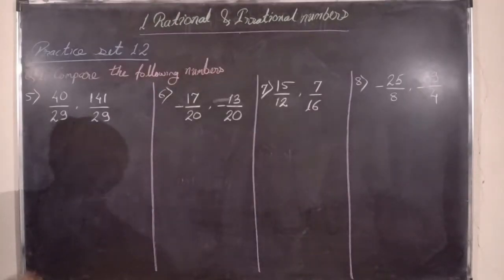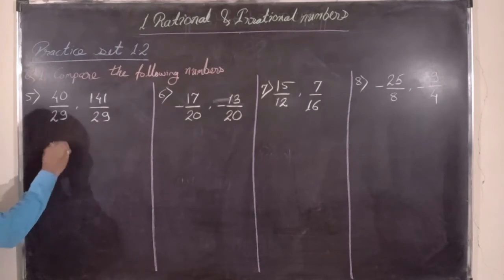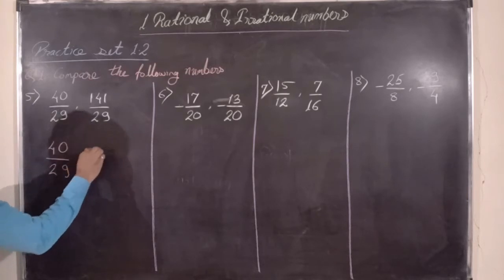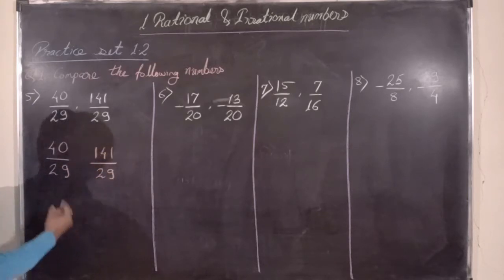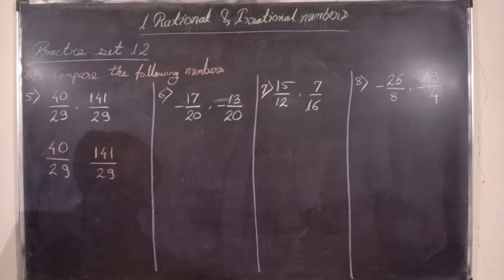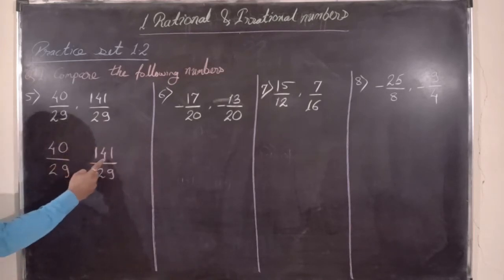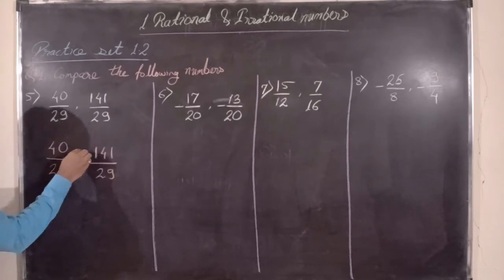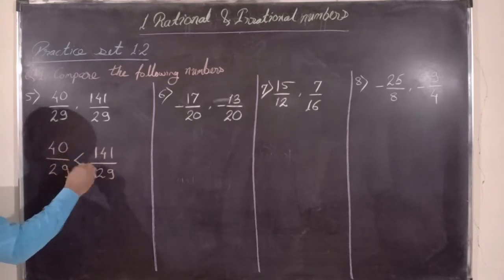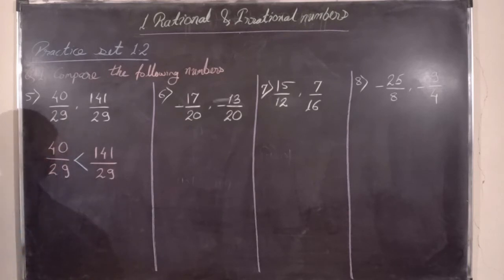Next example is 40 upon 29 and 141 upon 29. Here denominators are the same, and we know that 141 is greater than 40. So 141 upon 29 will be greater than 40 upon 29.